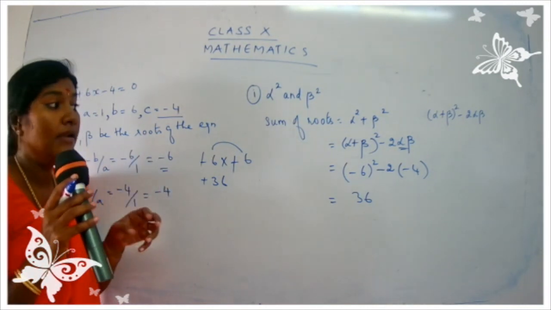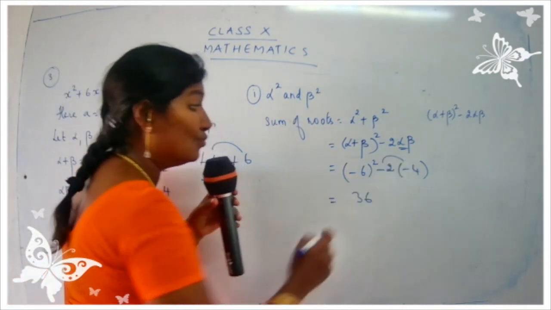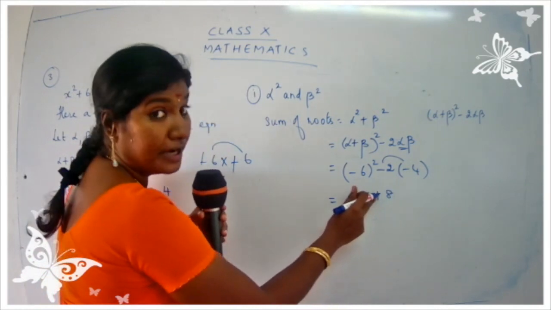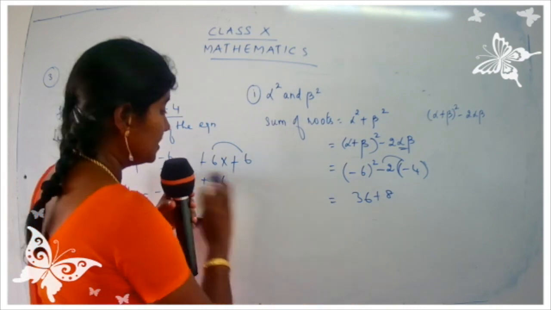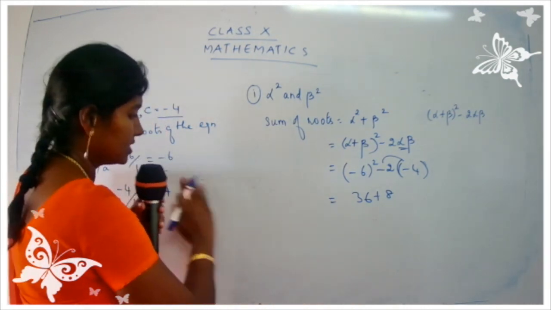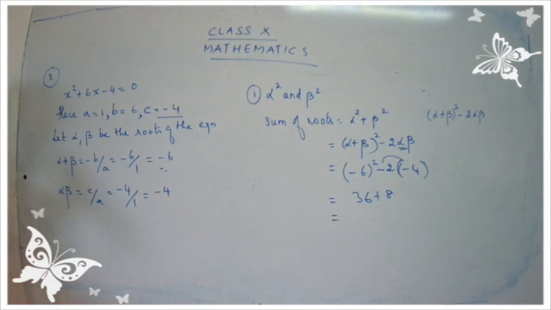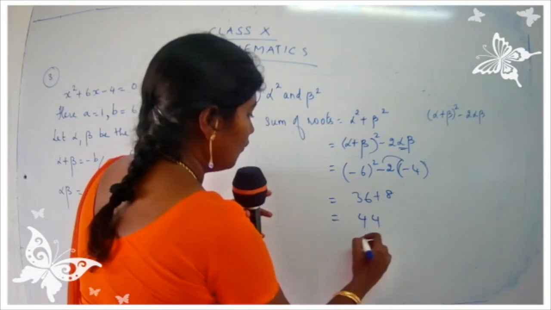We follow the sign when we are adding the integers. So minus 2 into minus 4 gives you plus 8. We are not going to write your minus sign because we are following the multiplication. So what is the answer, children? It's plus 8. So what do you get when you add 36 and 8? It's 44. 36 plus 8, 44.